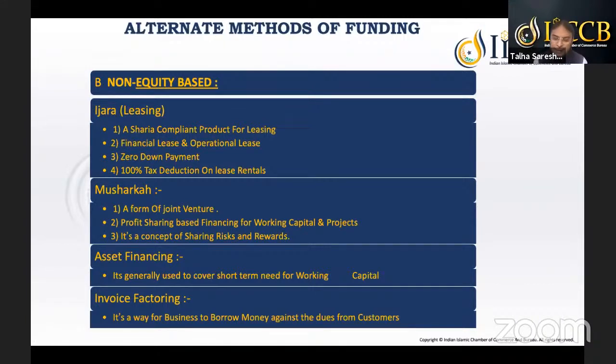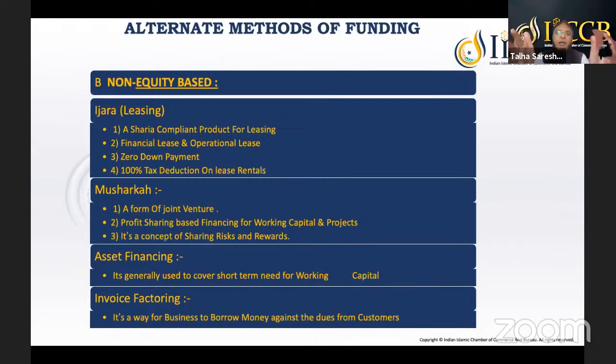Asset financing is basically a short-term need for your working capital by leveraging your investments and inventory, and using that for working capital. Holding surplus inventory is actually very bad for stock management, you have to have very strong stock management.